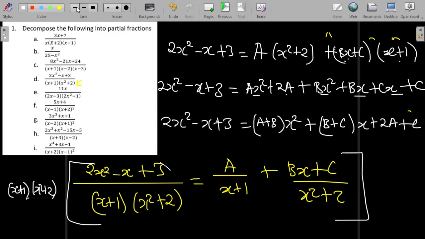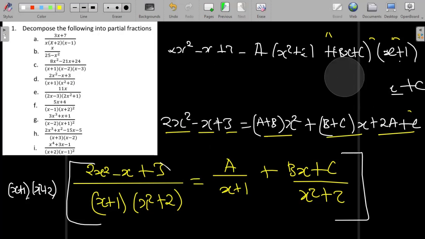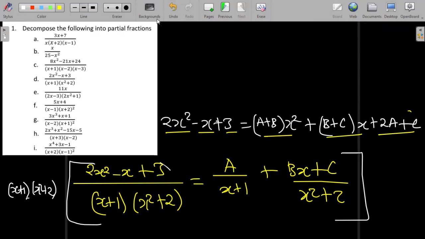So this will equate that, this will equate that. So we have 3 equations that we're going to form. The first one is a plus b is equal to 2. The second one is b plus c is equal to minus 1. The third one is 2a plus c is equal to what?